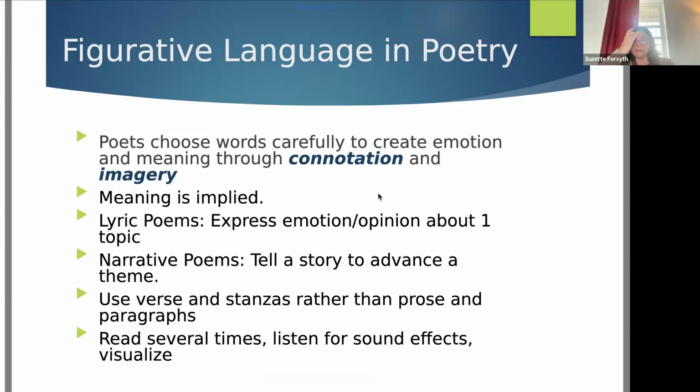So the meaning again is implied, so you have to draw inferences. Lyric poems express emotion or opinion about one single topic. So a lot of times you'll hear a lyric poem about a certain season of the year, spring, there's a billion of them about spring, but you can find them about winter as well, or love, right?